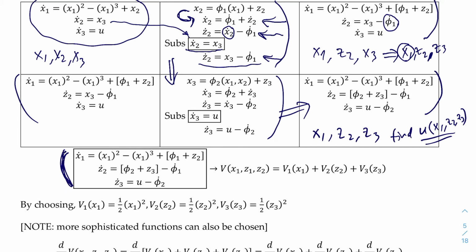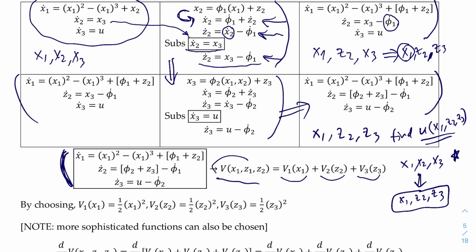Here this is our new problem, and use this Lyapunov function. The reason why we did that coordinate change, from x1, x2, x3 dynamics to x1, z2, z3 dynamics, is because, due to the structure of the original plant, we could write our Lyapunov function as composed of terms that are individually dependent on the states.